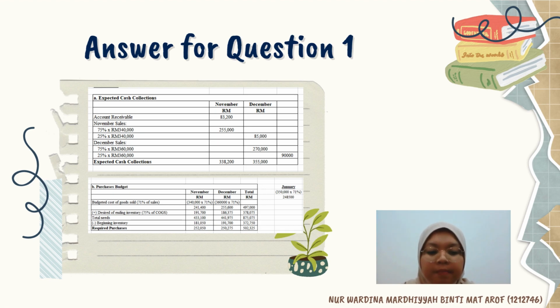For B, which is purchases budget, we also need to calculate for November and December and then for the total. For November, the budgeted cost of goods sold is 71% of the sales, so we just times it with the total sales of both months.